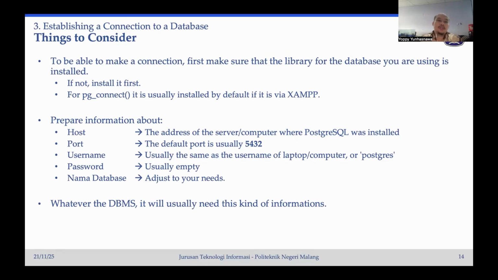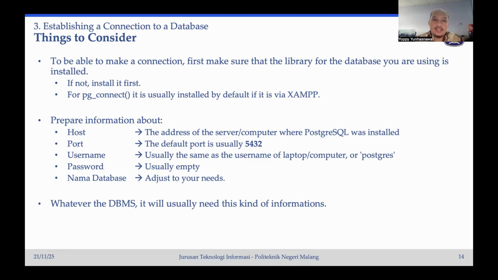After you make sure that the connection libraries exist, then we can start to write the code to connect to the database. In order to be able to write that code, we need some information about the database. These are the minimal information that we need if we want to connect to the database. First one is the host.